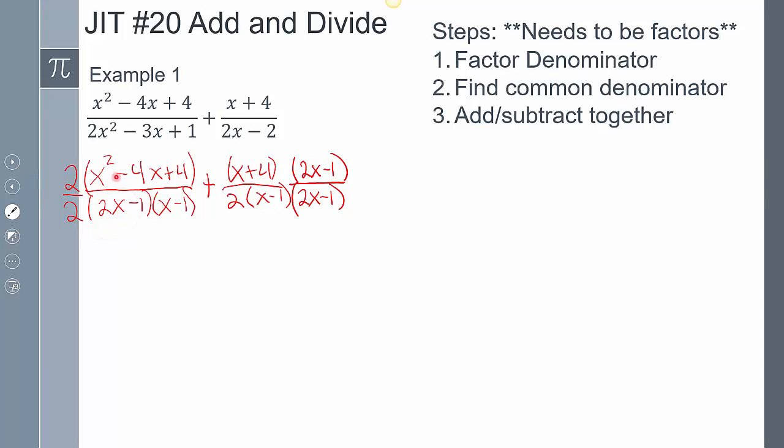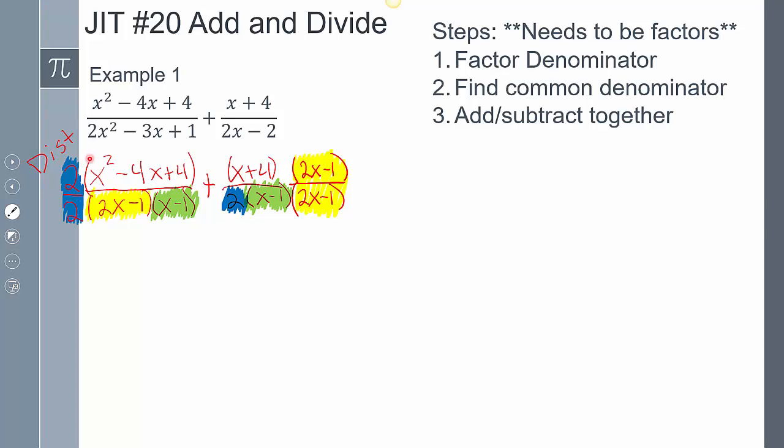And I didn't have a 2x minus 1, so I need to multiply by 2x minus 1 top and bottom here. So now if we take a look, I have an x minus 1 on both. I have this 2x minus 1 in both, and then I have these 2 in both. So now my denominators are exactly the same. Now that they're exactly the same, I can start adding things together.